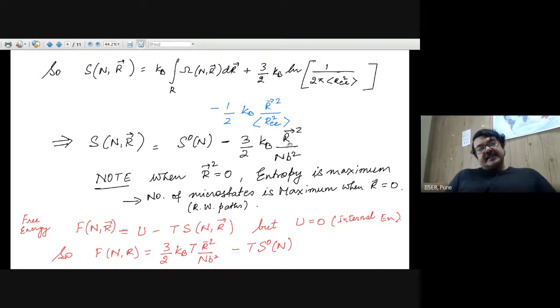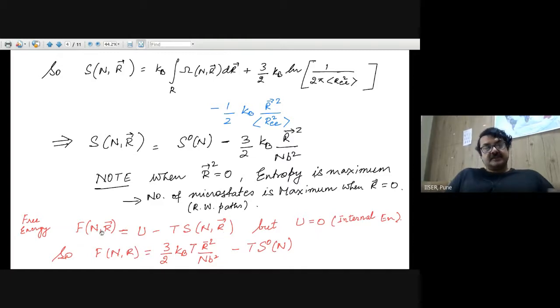Now I said that all the conformations have equal energy, which is 0. So you can also write down the free energy, and free energy is nothing but U minus TS. So the free energy with n monomers corresponding to a particular end-to-end vector, you can write as U minus T S(R), right?